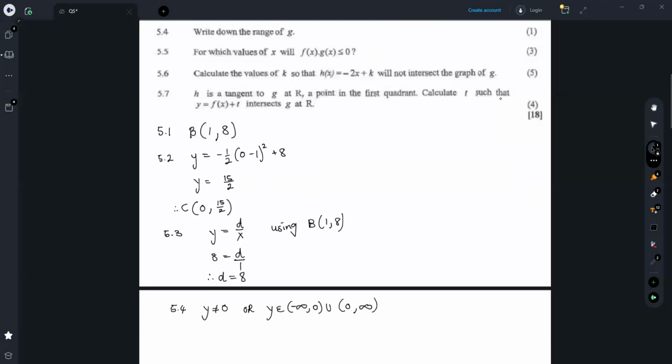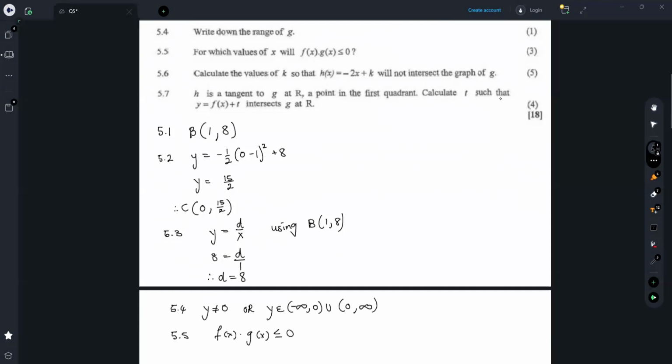Let us look at 5.5 here. So now they're saying, for which values of x will f of x multiplied by g of x give us 0 or a negative number, because it's less than or equal to 0.